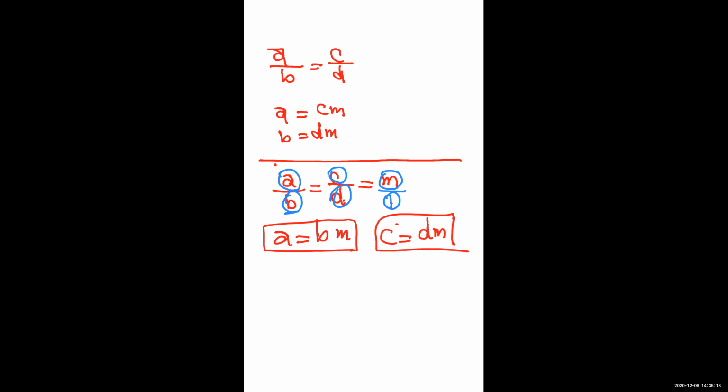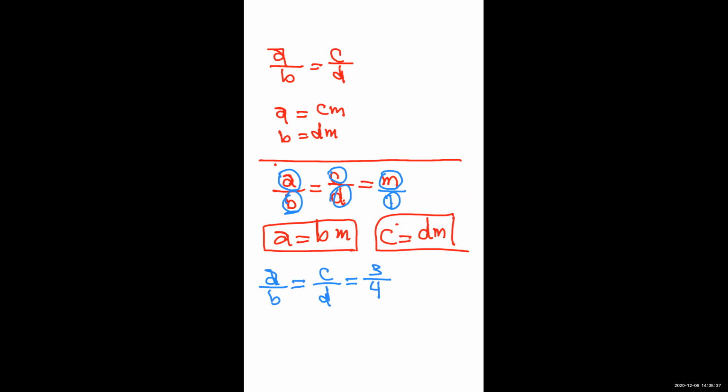Okay? So now if there is, for example, A over B equals C over D equals 3 over 4, how can I get A and C?